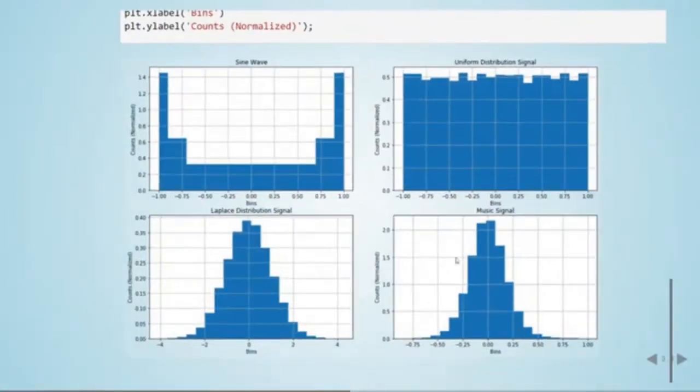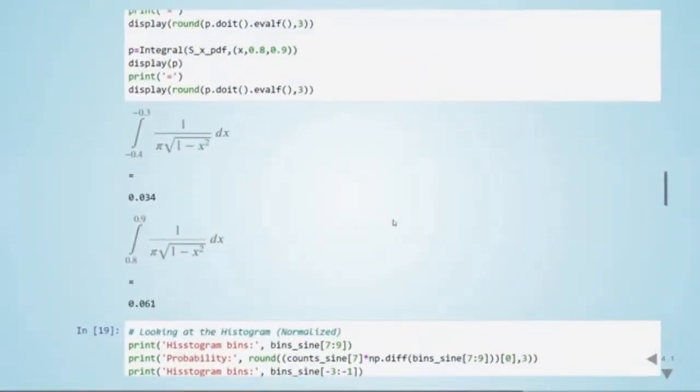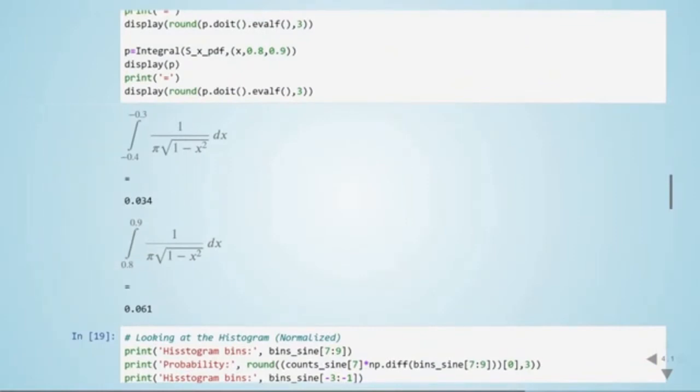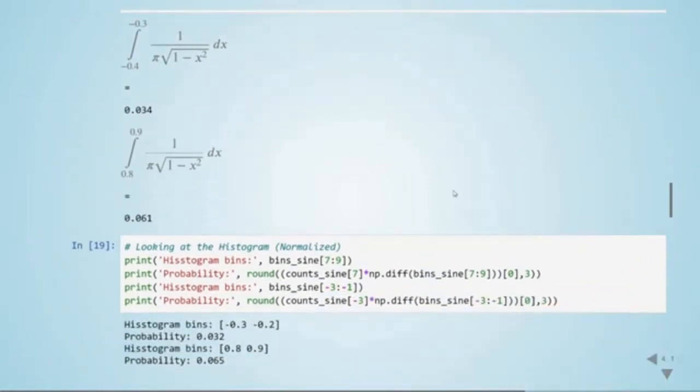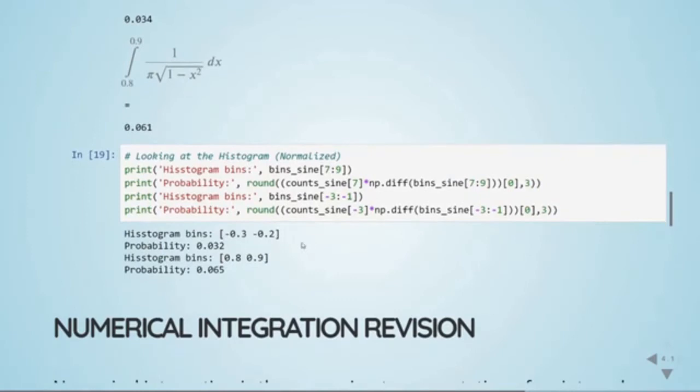If we go back to the histogram, 0.3 and 0.4 is around here, so it's like 0.3 something, which is in fact similar to this. And if we look at the histogram, oh, there's a mistake here.